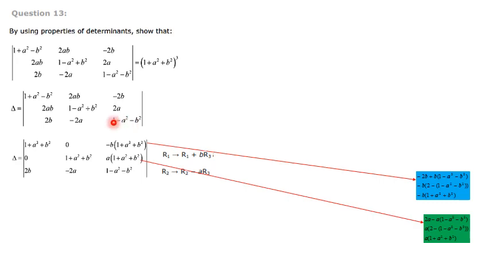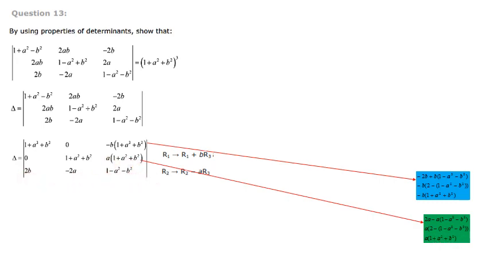So a into 1 minus a square minus b square. As before, we need actually 1 plus a square plus b square as common. For that you have to take a outside. So a, if I take outside, the balance is 2 minus this term 1 minus a square minus b square. Go for the calculation, you will get a into 1 plus a square plus b square. That is what is written.